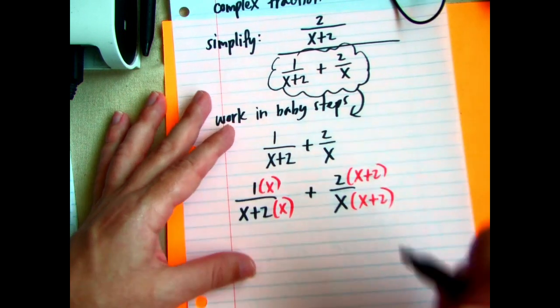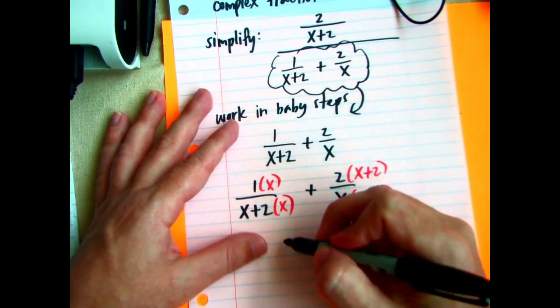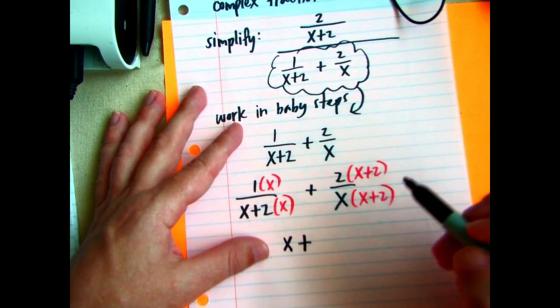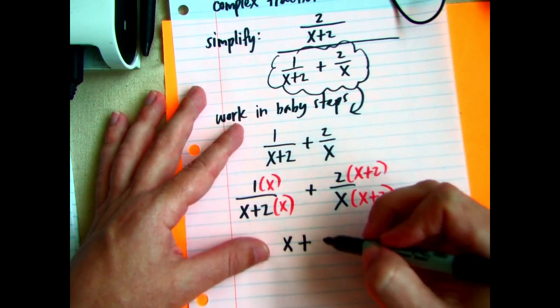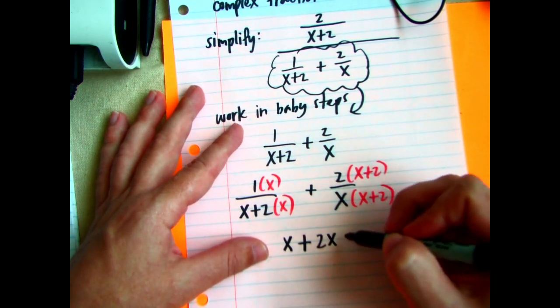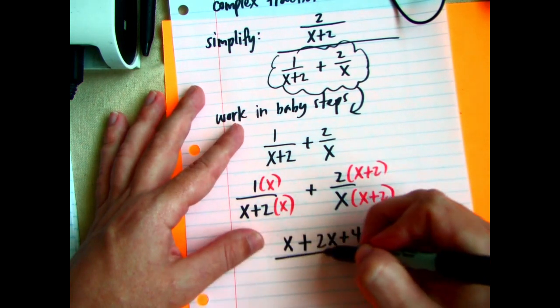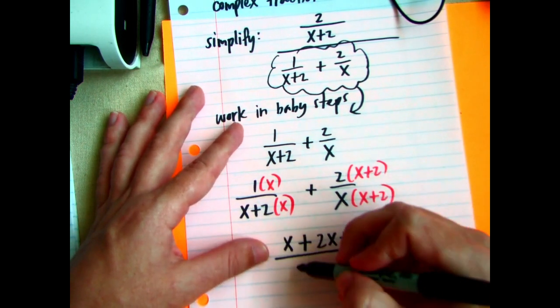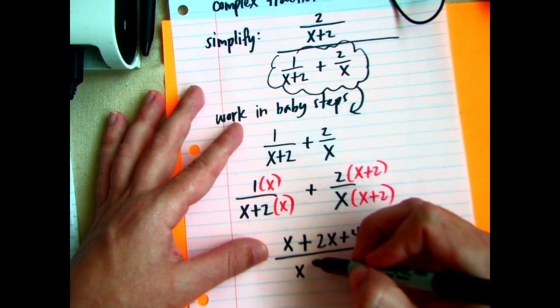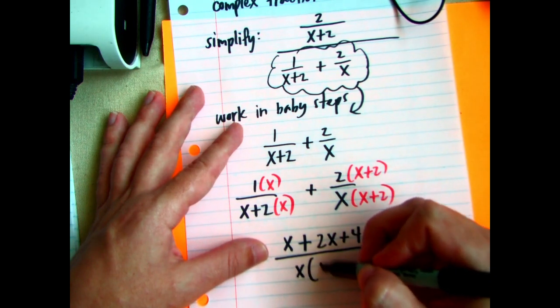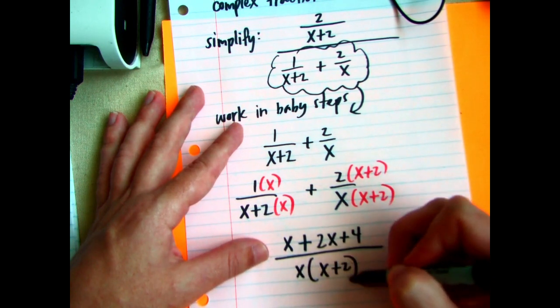So setting myself up with that common denominator, I'm going to multiply and add across the top. So I got x plus 2x plus 4. And my common denominator now is x times x plus 2.